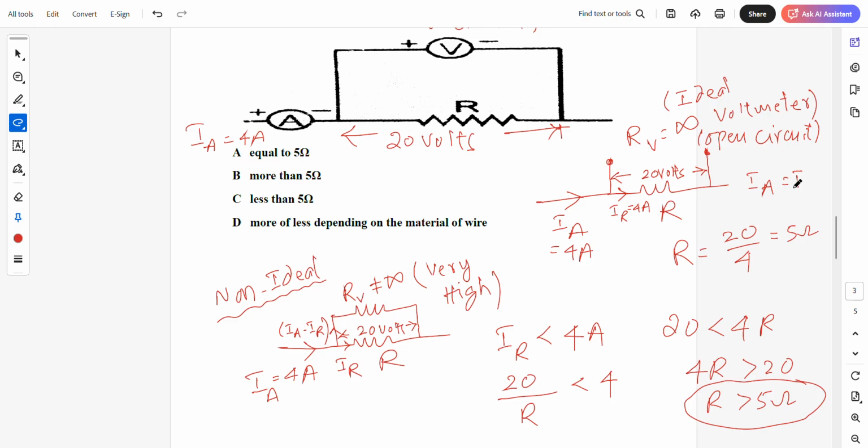But here IR will obviously be less than IA, therefore R will be more than 5 ohm. Hope you understood. This is very important.